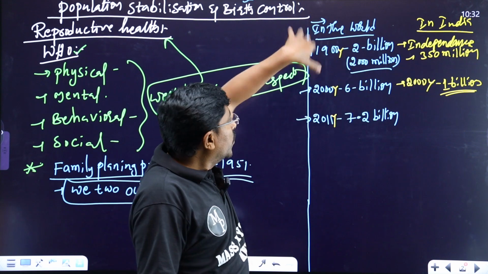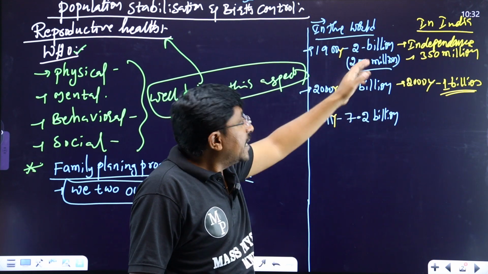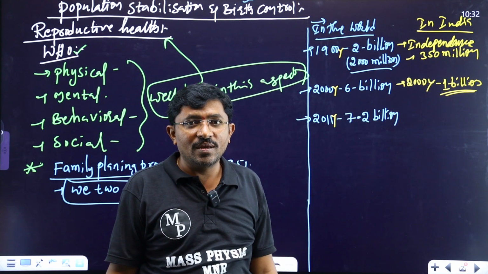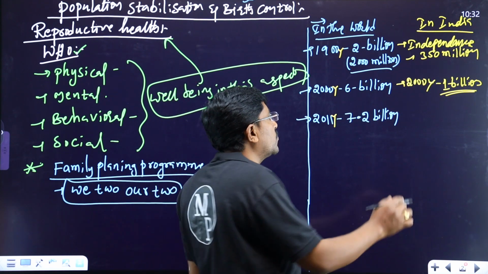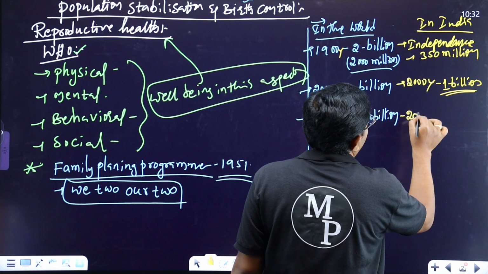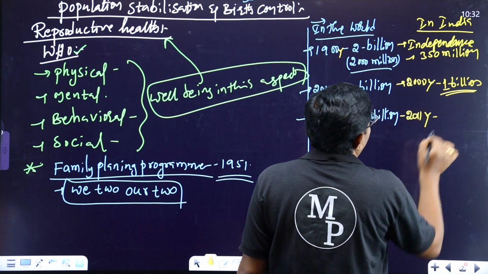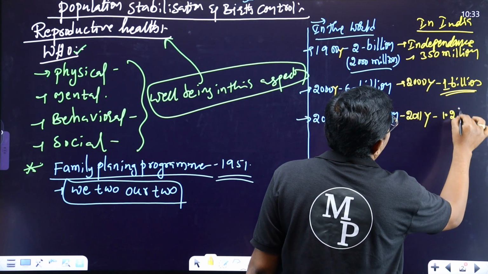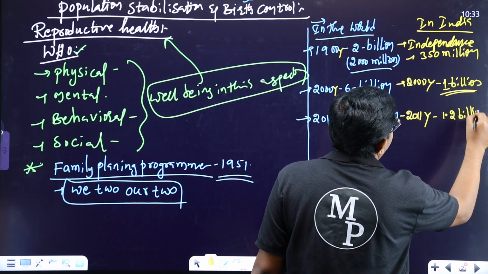Say the world population is 6 billion; in India, 1 billion. And as per the 2011 census, it reached 1.2 billion population.